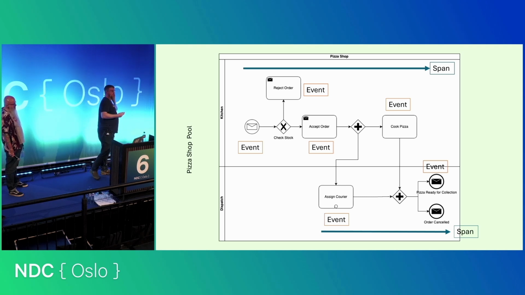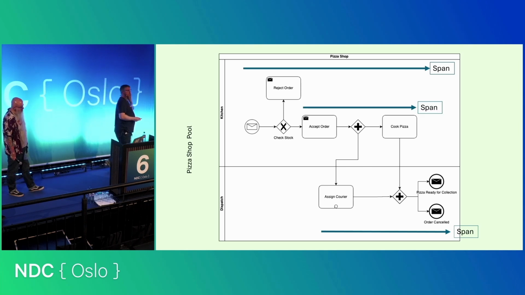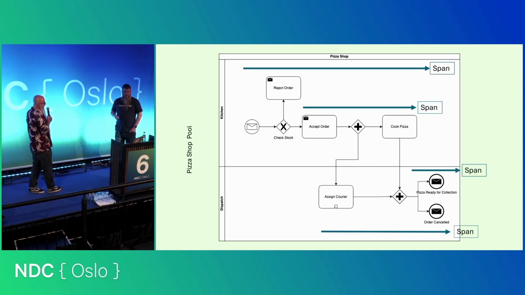Now, ultimately, it's up to you. And this is where we come into how you design systems, how you design your debug experience, because we can just create a span where we had logs before. Let's just create some span events where we had some logs before. But we also could say, well, let's just create some more spans. And these are just tools that you've got.